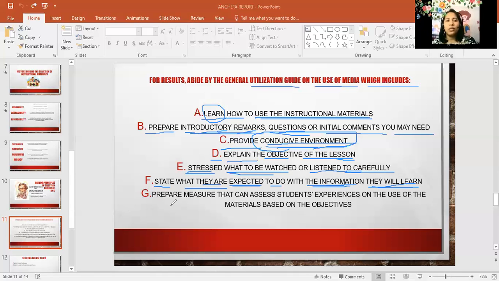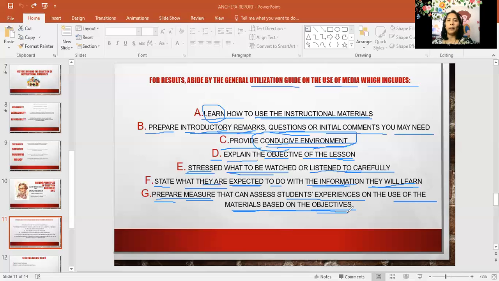Last, we need to prepare a measure that can assess students' experiences on the use of the material based on the objectives.